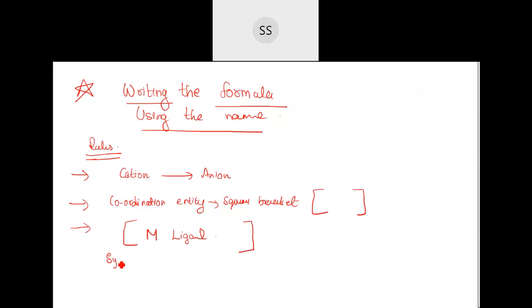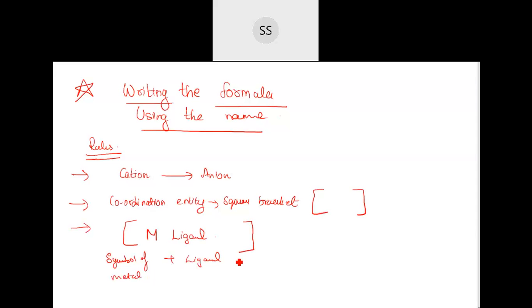Next, within that coordination sphere, the symbol of the metal has to be written first. You have seen, always within this coordination sphere, what comes first? Always the metal comes first, and then we have the ligands.